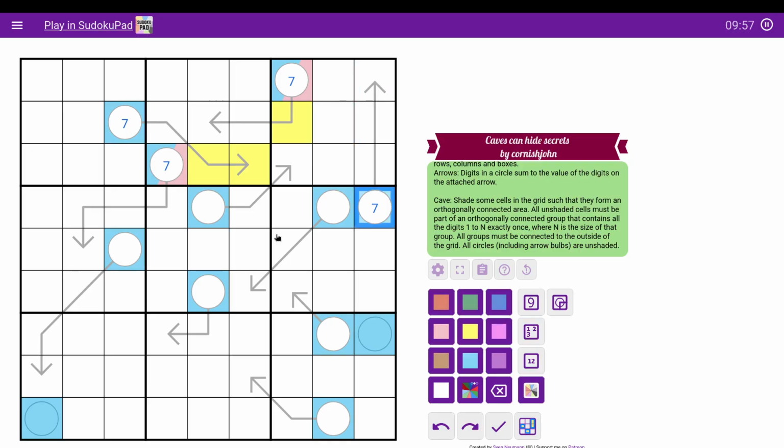This is 2, 3, 4. This is 9. 5 or higher. This digit has to be somewhat low because it lies on this arrow. 6 or less. Not especially low.